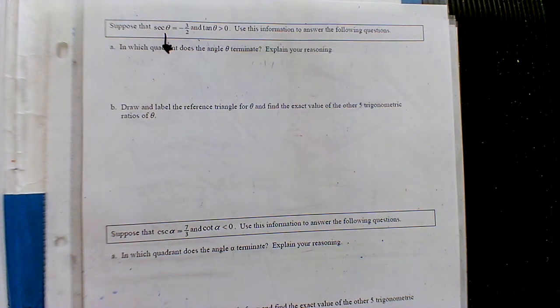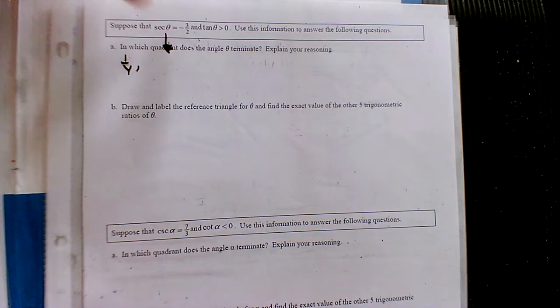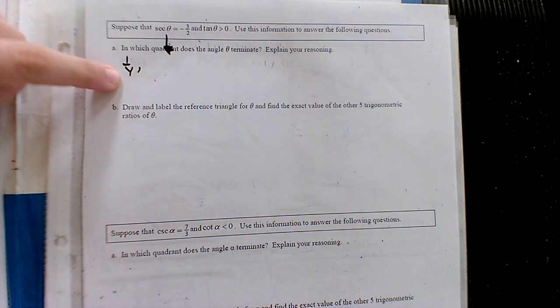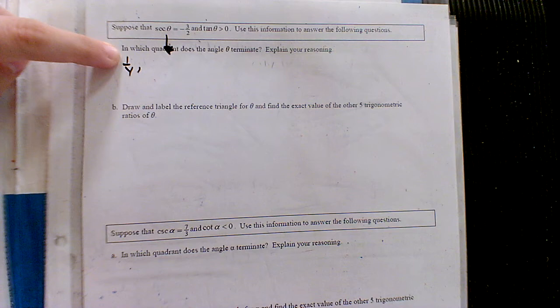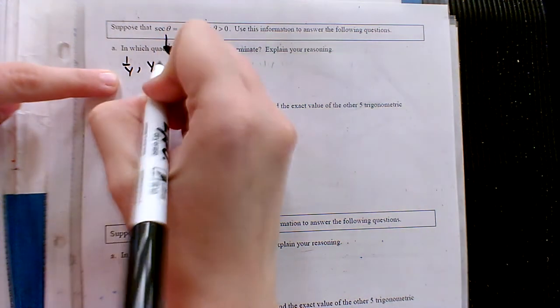Secant's one of our reciprocal ones. 1/y. So if the secant value is -3/2, that must mean our y value is negative. The 1 can't be negative because that represents our radius on the unit circle. So the y value must be negative.